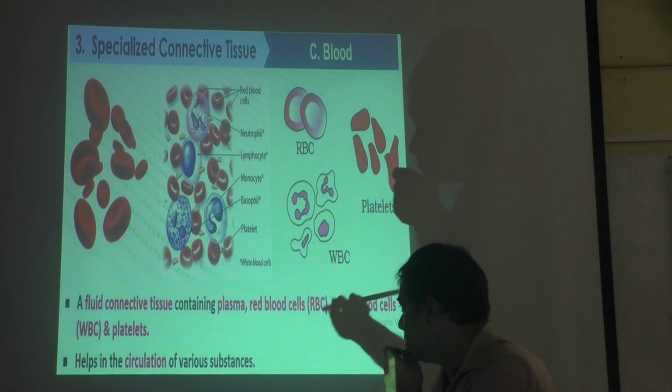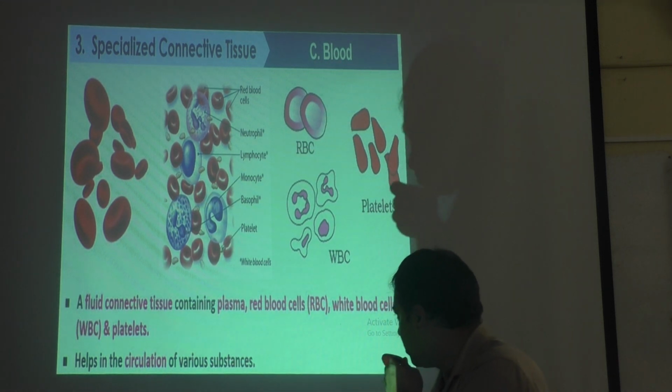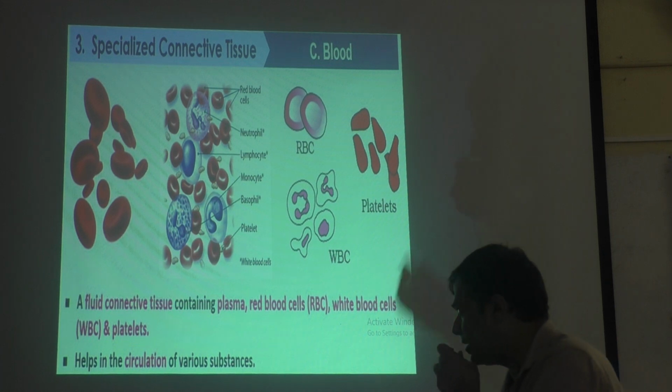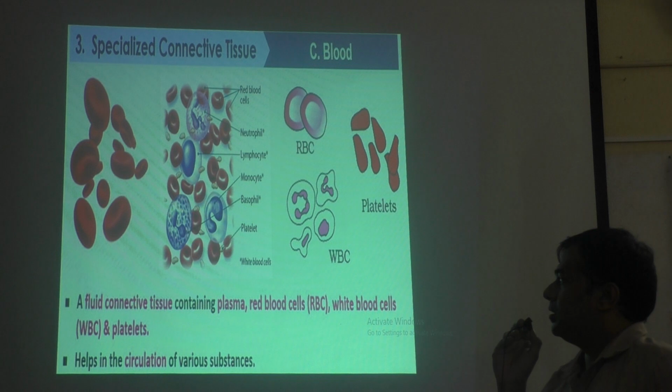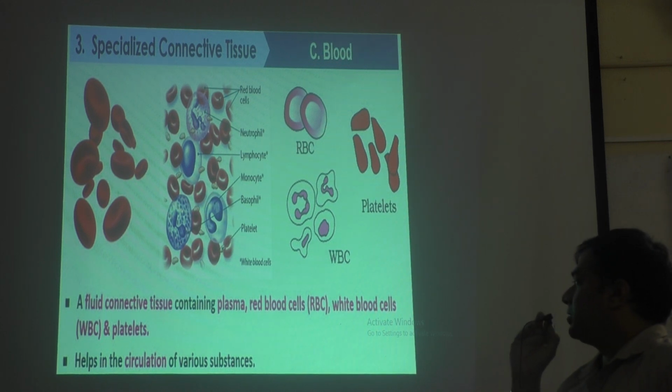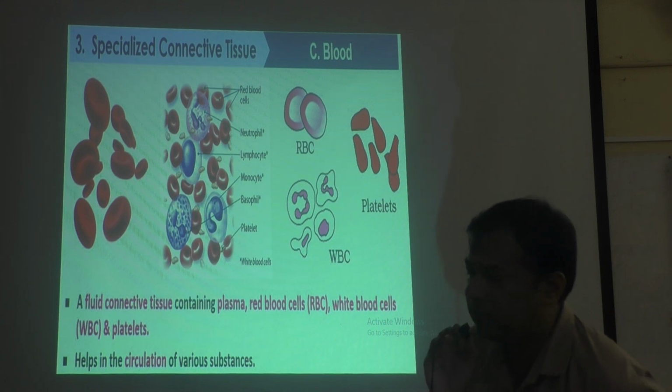A fluid connective tissue which contains plasma, red blood corpuscles, white blood corpuscles and platelets. So blood connects all this. It connects the tissue. Blood contains plasma, which is straw colored, you know very well.